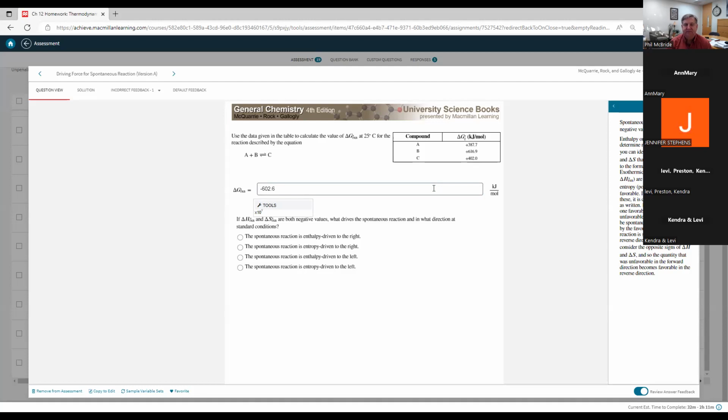602.6. All right, it says if delta H and delta S are both negative values, what drives the spontaneous reaction, and in what direction at standard conditions? So delta G is negative 602. Is this spontaneous or non-spontaneous?